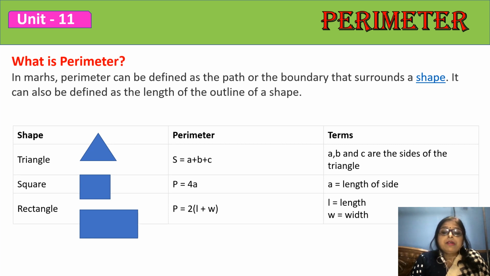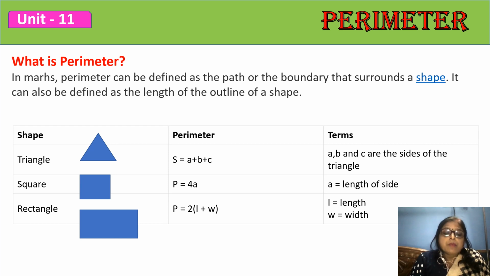Whatever the shape is, if you are measuring the boundary of that shape, that is called the perimeter. It can also be defined as the length of the outline of a shape. In other words, the total length of the outer boundary is the perimeter.